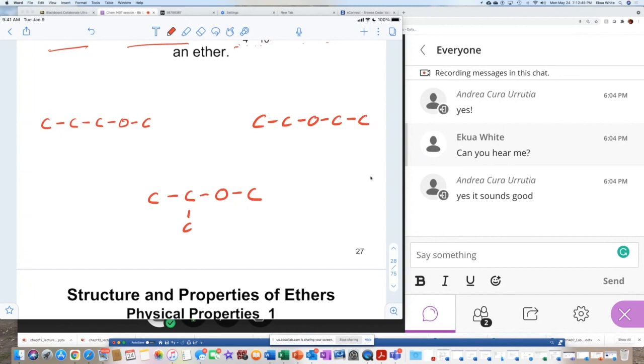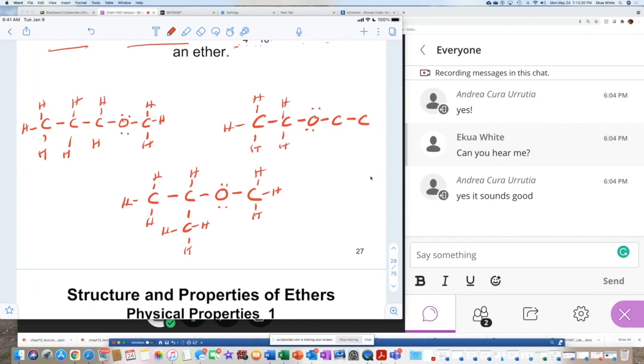This will give me my 3 structures, right? 7 plus 3 is 10, so each has 10 hydrogens.